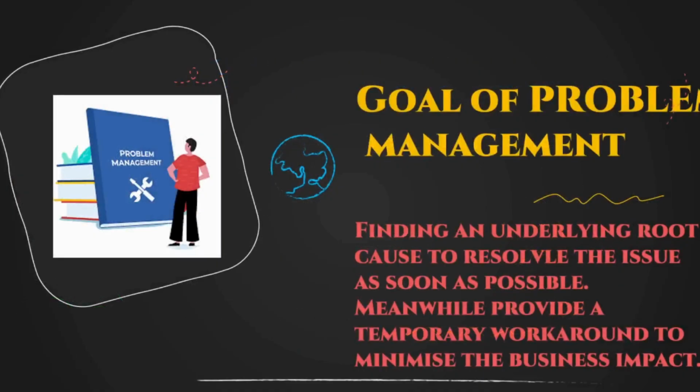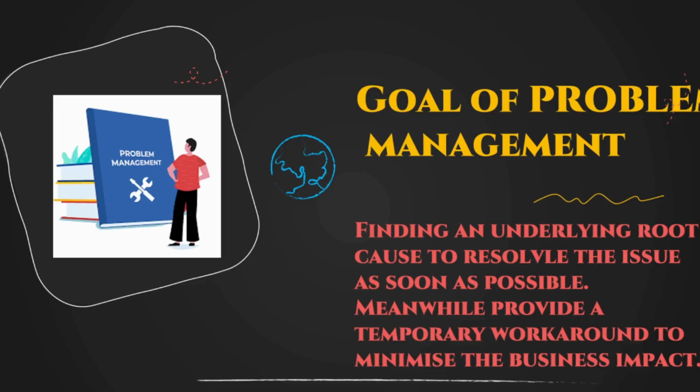Now, if we talk about the goals of problem management, as an agent or an engineer or a service desk agent, it is finding the underlying root cause to resolve the issue as soon as possible. Meanwhile, provide a temporary workaround to minimize the business impact. Let's suppose you're working on your official laptop and suddenly it goes down, and you have a very important presentation to make.